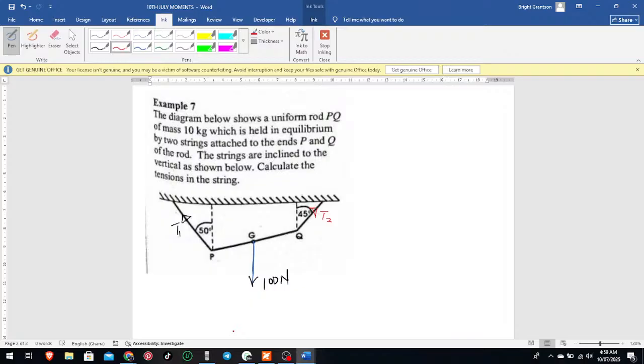How can we find the tensions in the string? This question is more of a moment, Lami's theorem, tensions in string problem. So, what do you think is the best approach to use?